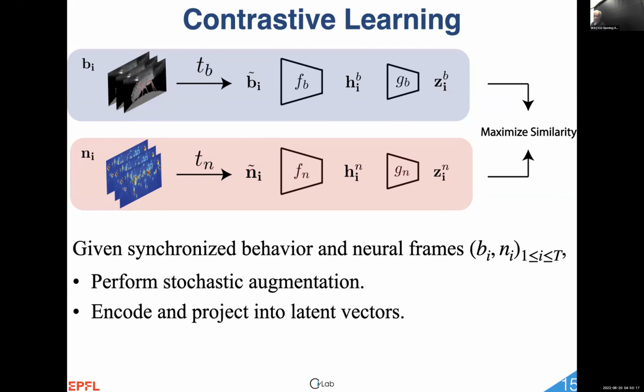But we are also going to need to make it ignore these artifacts due to the delay in the calcium imaging. So we will encode and project to latent vectors, and in standard contrastive learning fashion, we will try to maximize similarity when the behaviors are the same and maximize dissimilarity when they are different.